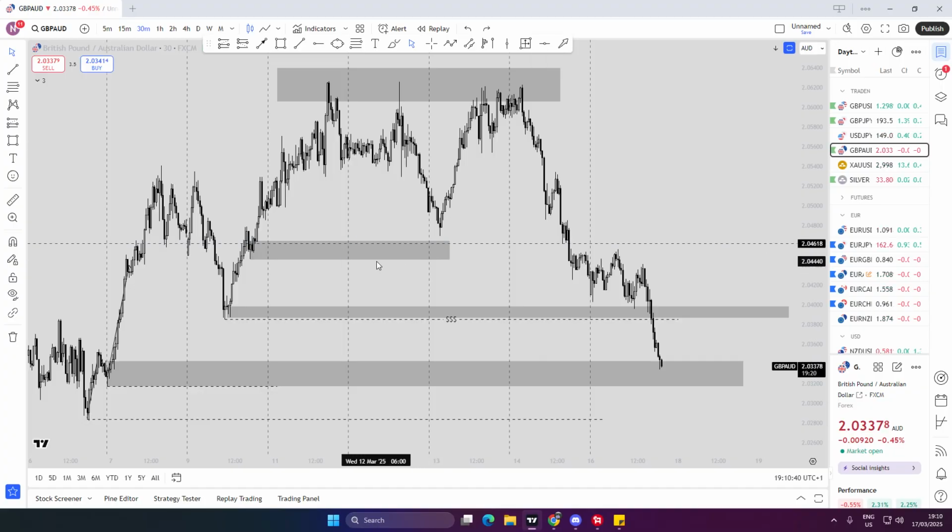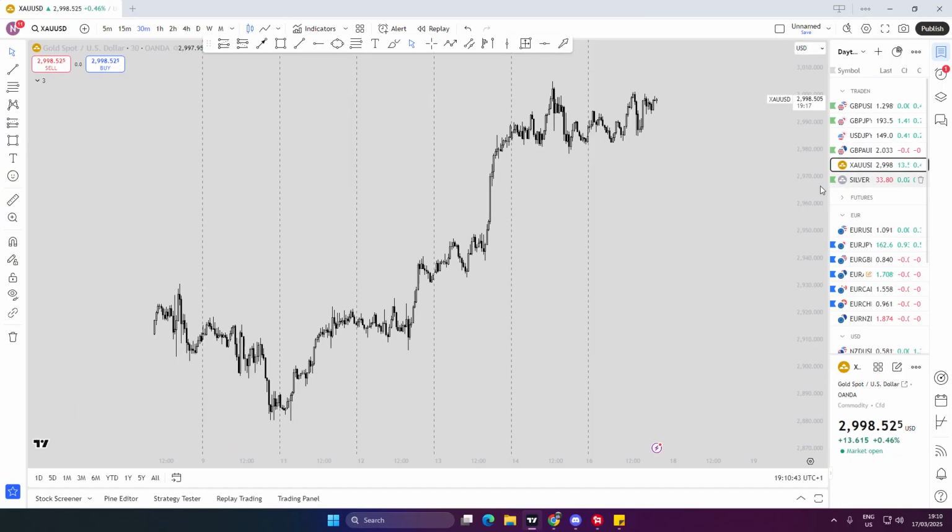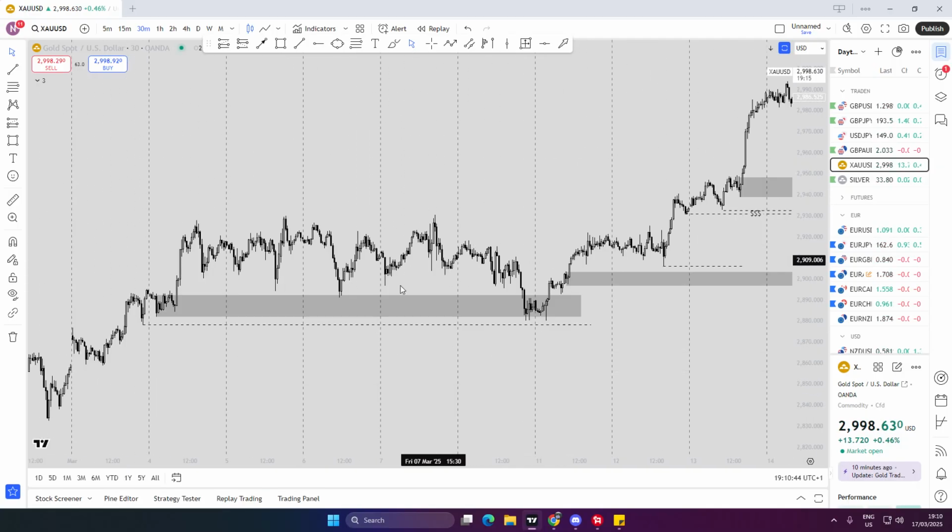Oh, and I am going to search for some examples, like here on gold. It's tapped, but that doesn't matter for now. We see this is a daily liquidity low zone. What happens? It still respects the zone, but it goes to the zone and then it goes up.